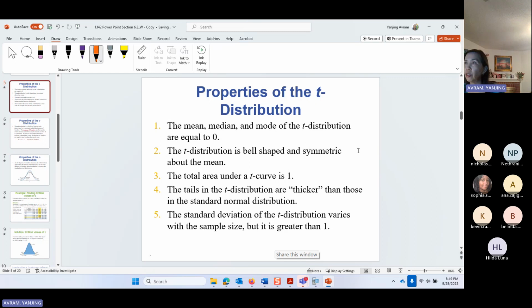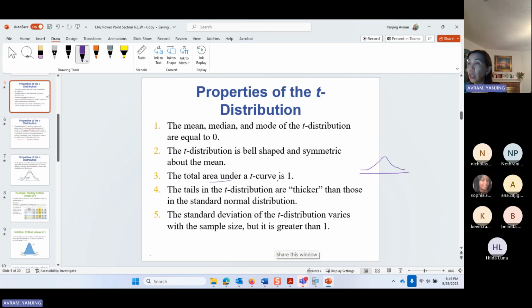All right, so we're going to introduce a little bit of the t distribution. The mean, median, mode for the t distribution are also equal to 0 for the standard one. And the t distribution is also similar to the z. It's also bell-shaped and symmetric. Okay.